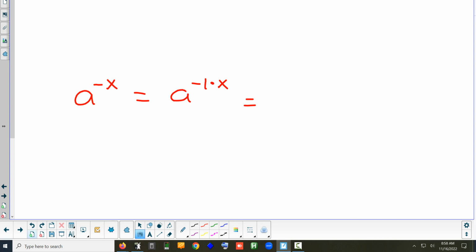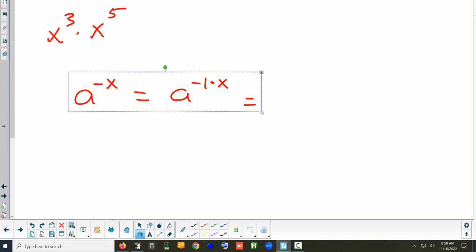Now, look at what I just wrote down. I multiplied two things together in the exponent. There's a rule from Algebra 1 for when you do that. When you multiply things with the same base, you add the exponents.